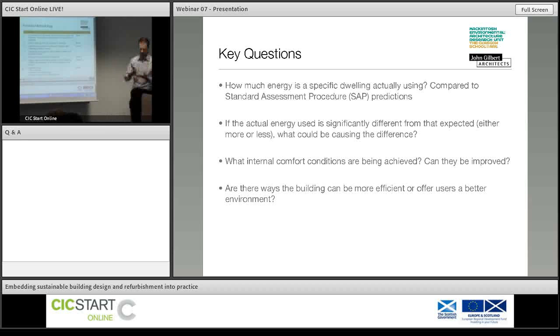Try and work out what the objectives of the study are from the housing association's point of view, identify residents who might be involved, and also gather the information needed for that study. So things like SAP calculations, drawings and specifications, so that we can understand what it is that we're testing it against.